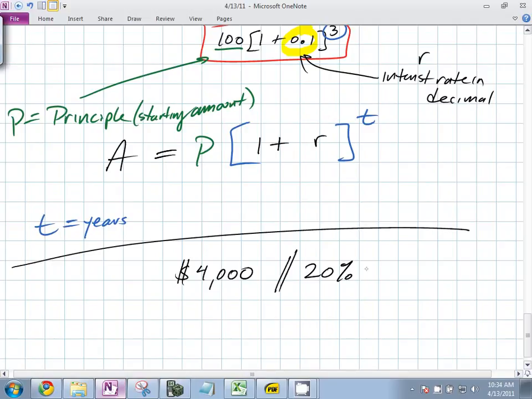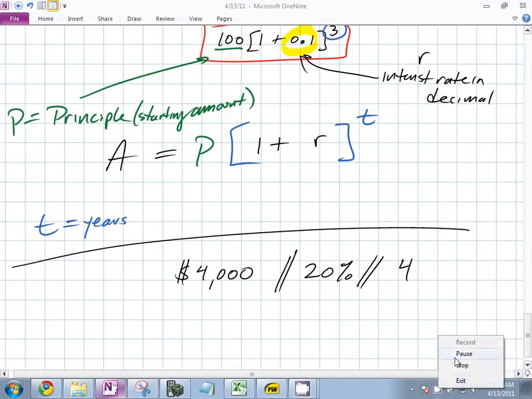You're Bernie Madoff. How many years? Just pick any number you want. 4. Okay, so here's the question. If you put $4,000 into an account earning 20% interest for 4 years, how much money do you have at the end of the 4 years? Do that on your calculator right now.